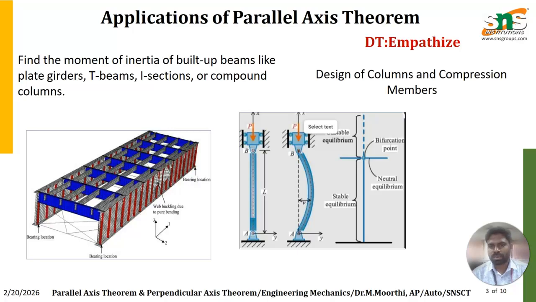The second application is the design of columns and compression members. These columns and structures are designed based on the moment of inertia, considering the application of load and rotational motion.